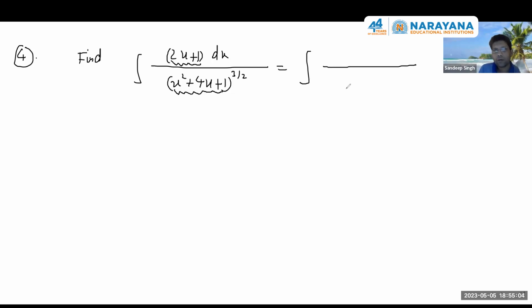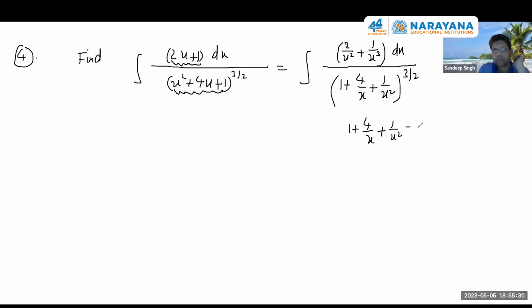In the denominator, what will come? 1 plus 4 by x plus 1 by x square, whole power 3/2. And what will come in the numerator? 2 by x square plus 1 by x cube, and this you have done many times, right, with 1 plus 4 by x.